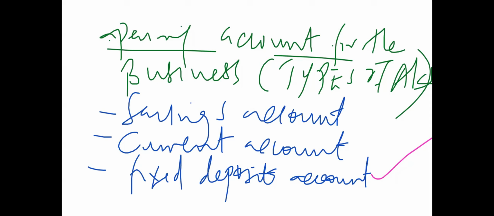It could be a fixed amount that you are saving maybe every month to accumulate to a future sum, or it could be a varying amount. Anytime you come, you put money, but that money cannot be withdrawn before the period you had agreed elapses. So that's why most of the times we don't operate this fixed deposit account unless you want to do an investment.